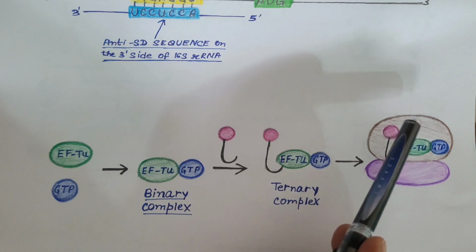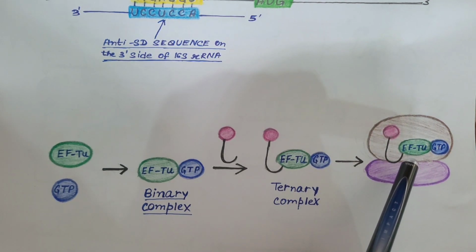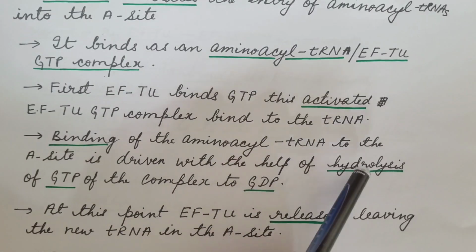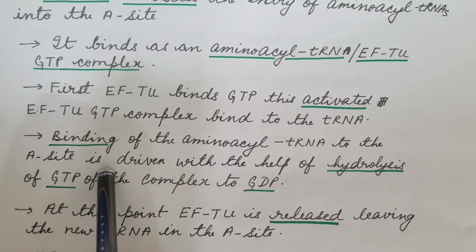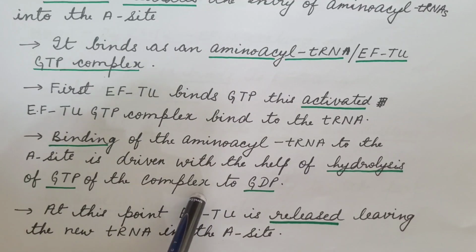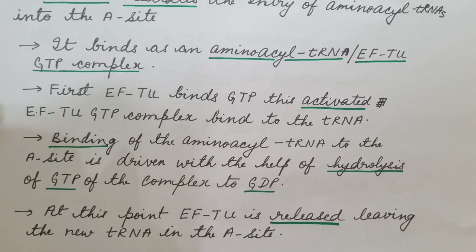So it binds with the ribosome as the EFTU GTP aminoacyl transfer RNA complex. Binding of the aminoacyl transfer RNA to the A site is driven with the help of hydrolysis of GTP of the complex to GDP. At this point, EFTU is released, leaving the new transfer RNA in the A site.